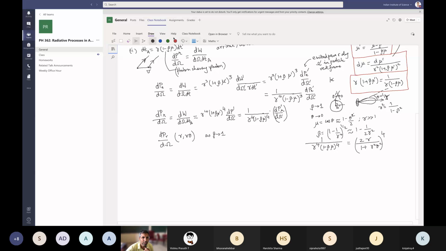Okay, now what about angular distribution? Let's consider, for example, dipole radiation as seen in the lab frame.